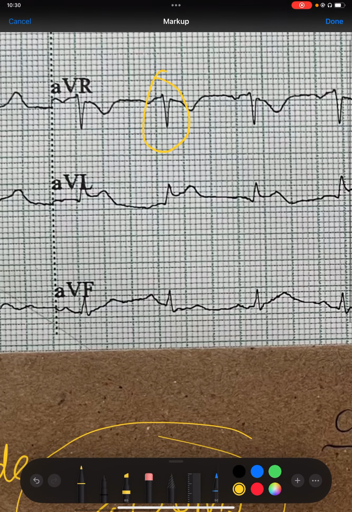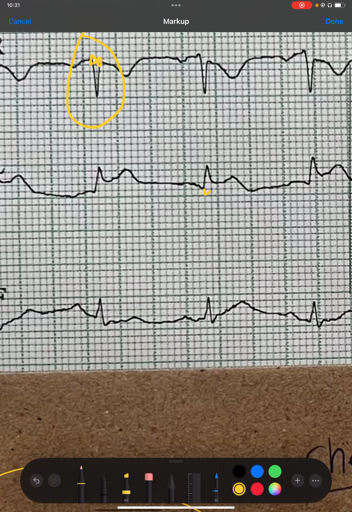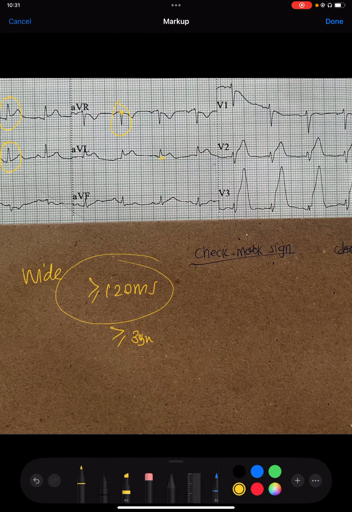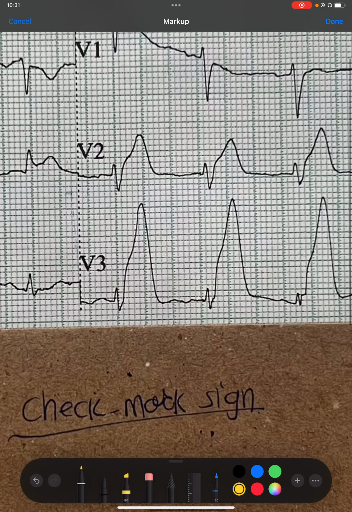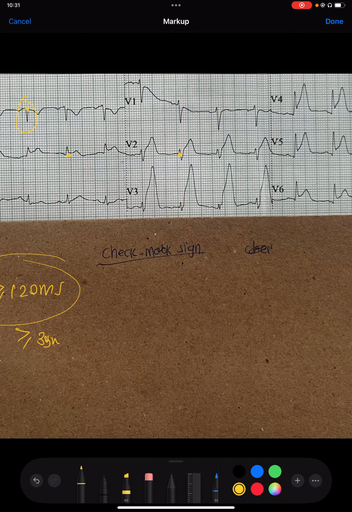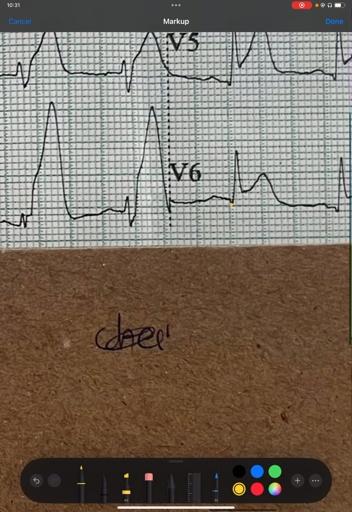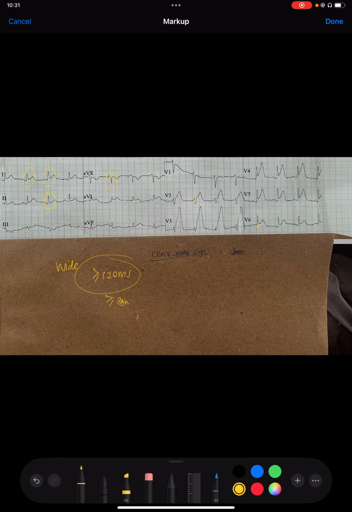Here it is hardly involving one or two small boxes, so the QRS is not wide. Here also it is hardly involving two small boxes, so the QRS is not wide. Here also it is involving hardly two small boxes, around 80 milliseconds.